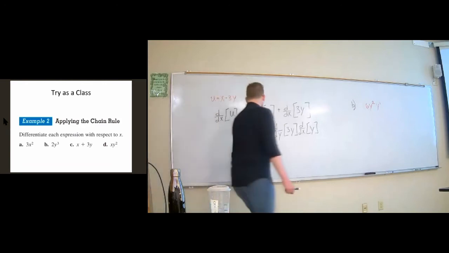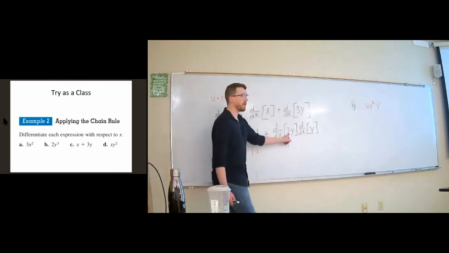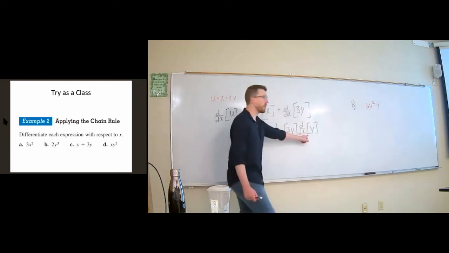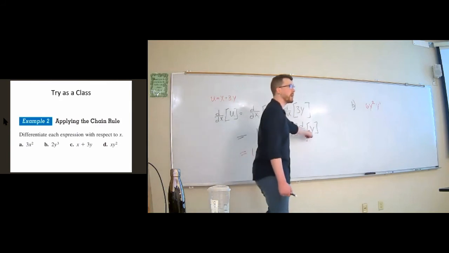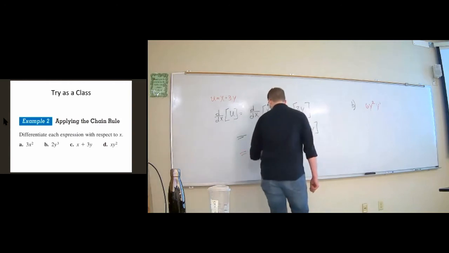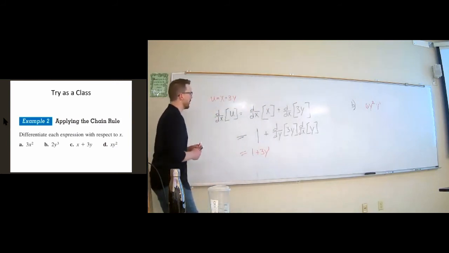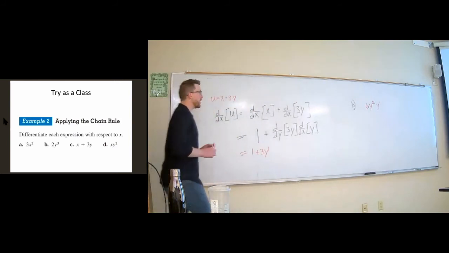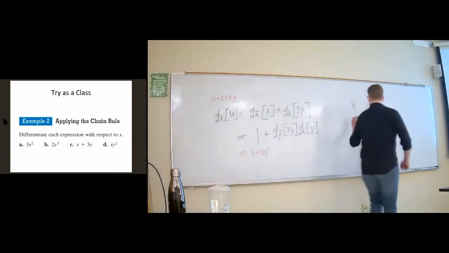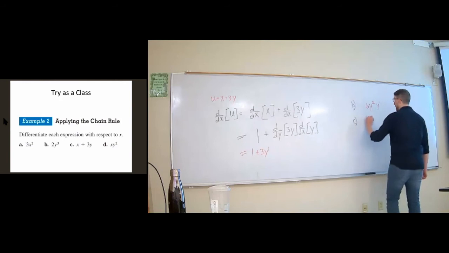So what we get then is 1 plus, this comes out to be 3, and this comes out to be y prime, because we don't know explicitly what the derivative of y is with respect to x. So C is going to be 1 plus 3y prime.